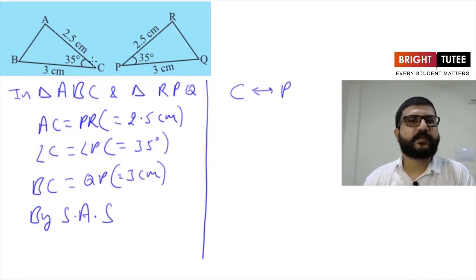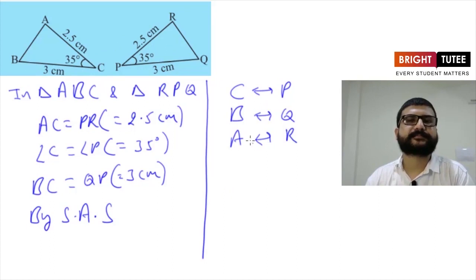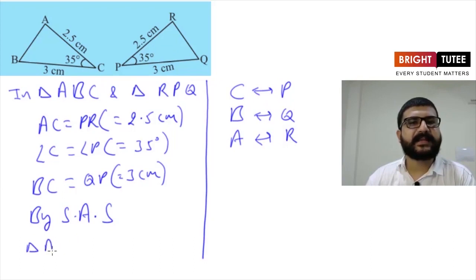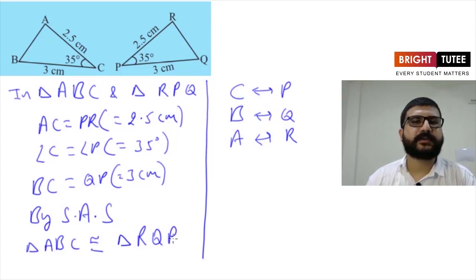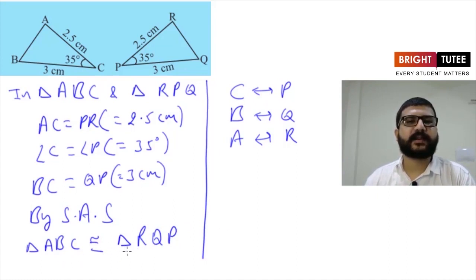Now the vertex opposite to AC will be B. So it means B corresponds to the vertex opposite to PR, and that is Q. So now we are left with vertex A from here, and from here we have R. So A corresponds to R. So it means we can write by SAS triangle ABC is congruent to triangle RQP. So now this is the congruence relation. Triangle ABC is congruent to triangle RQP.